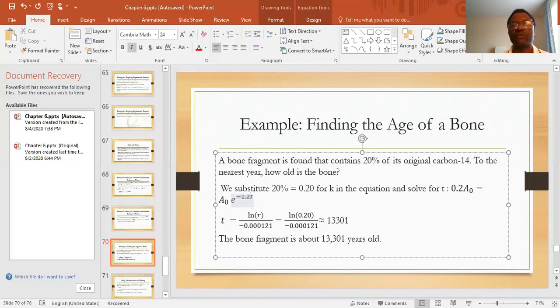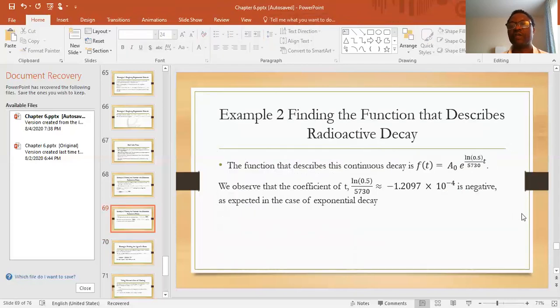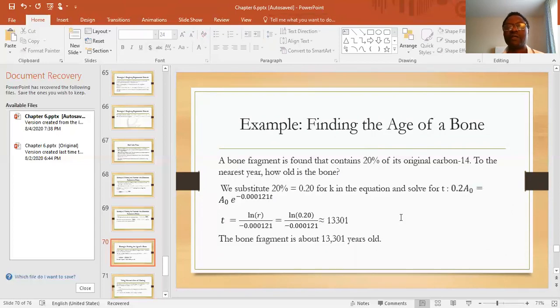So we are just going to write it as negative 0.000121. We will just write it that way. That is an approximate value of K.